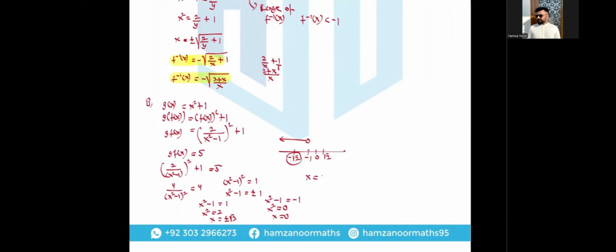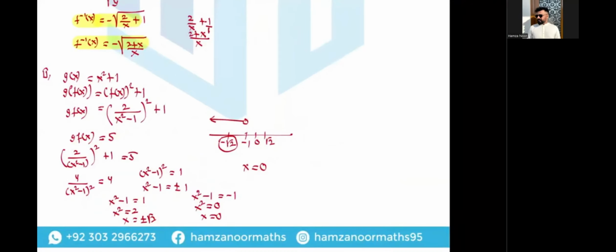This means that x is equal to 0 and x is equal to √2 will be rejected. These two values are going to be rejected because these are not according to the domain of the inner function f(x). So therefore, x is equal to −√2 is your only acceptable answer.